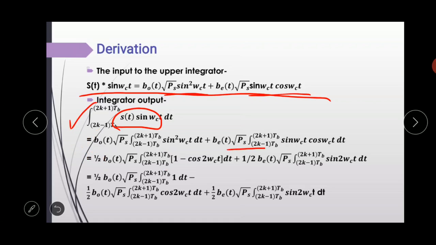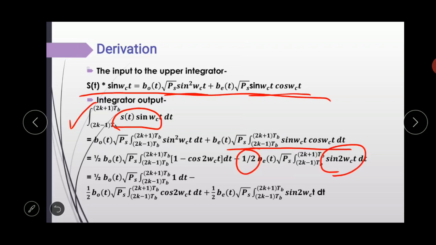Next, in this term we can see sin omega ct into cos omega ct. Here we use another mathematical formula: sin omega ct into cos omega ct equals 1 by 2 sin 2 omega ct. So here is the 1 by 2 and here is the sin 2 omega ct.